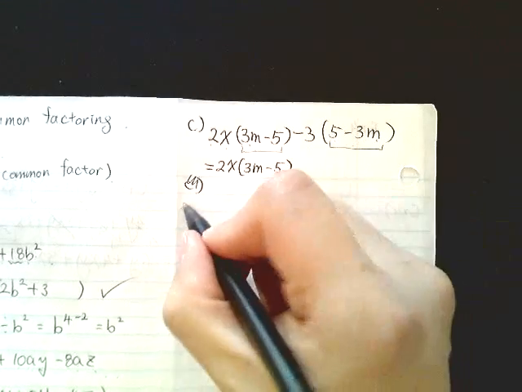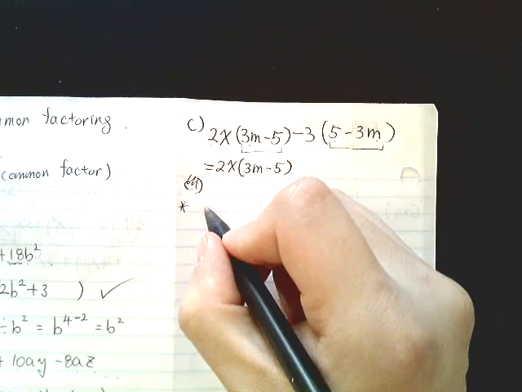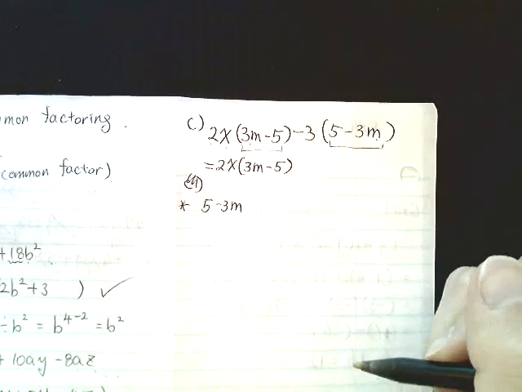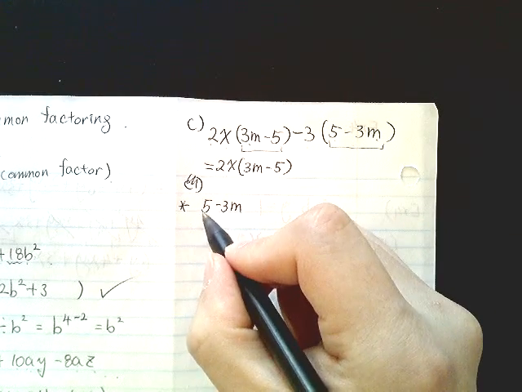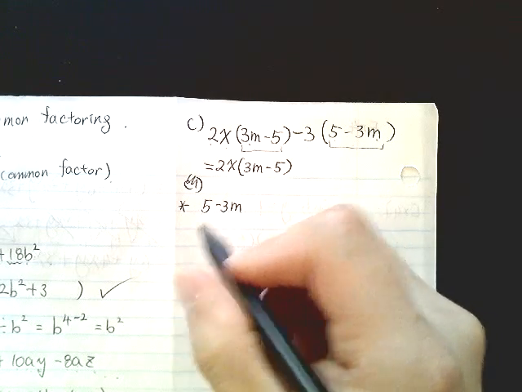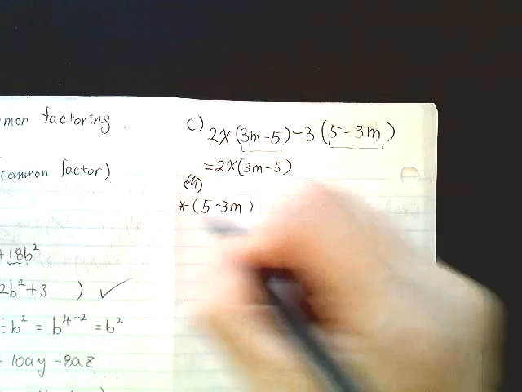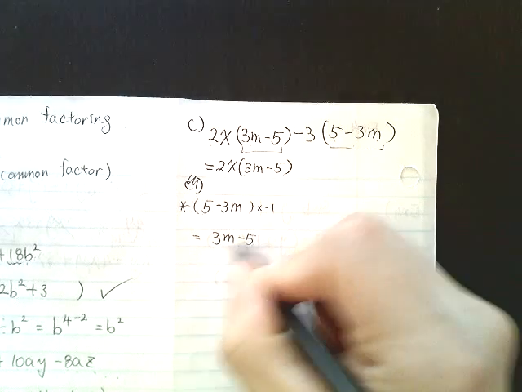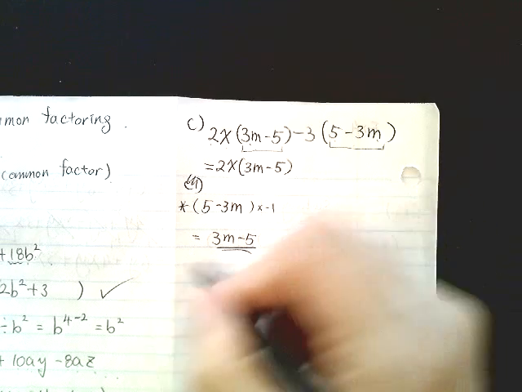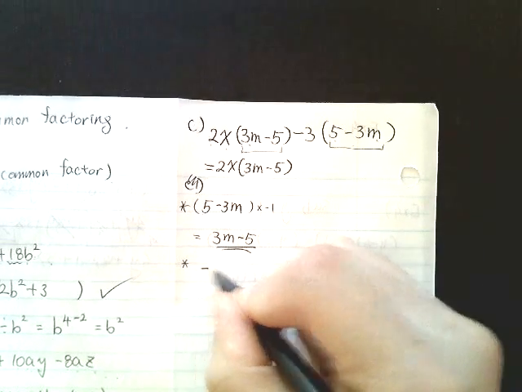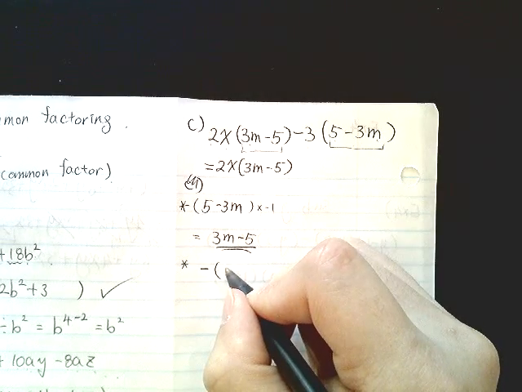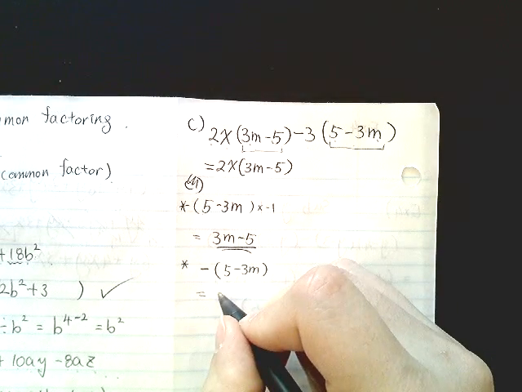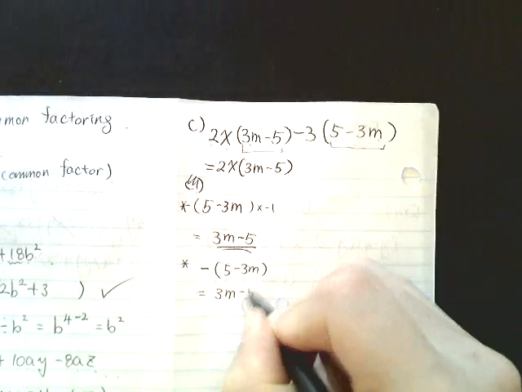Now I'll put the small note here that if I have 5 minus 3m, and I multiply it by negative 1, this is simply 3m minus 5, don't you think? In other words, if I have a negative sign outside of 5 minus 3m, this is 3m minus 5.